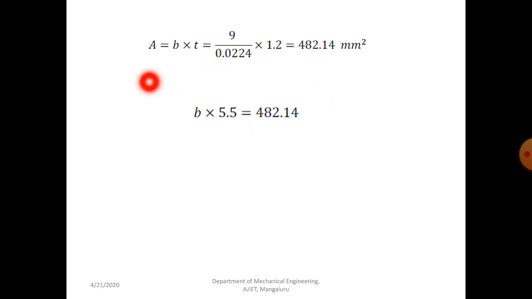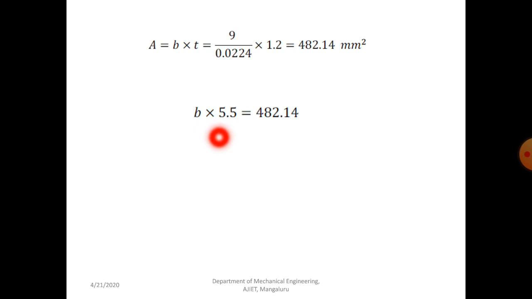So if you know the area, because a flat belt is nothing but a rectangular shape, the area of a rectangle is always width into thickness, that is b into t. So the b value we have to find out, that is the width of the belt. But the thickness of the belt is not given directly, it is given in terms of a ratio with respect to the diameter of the smaller pulley.